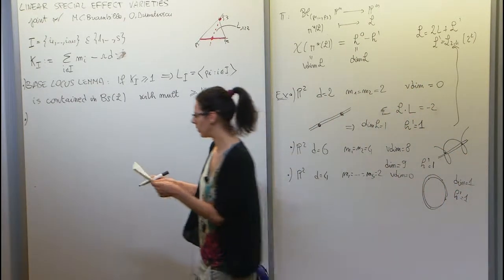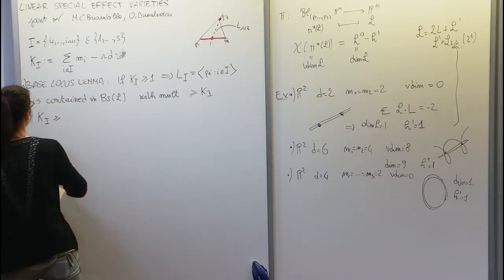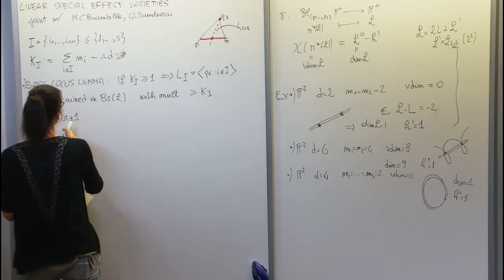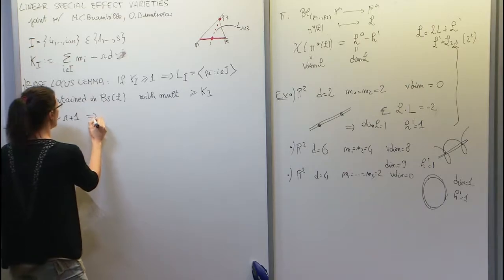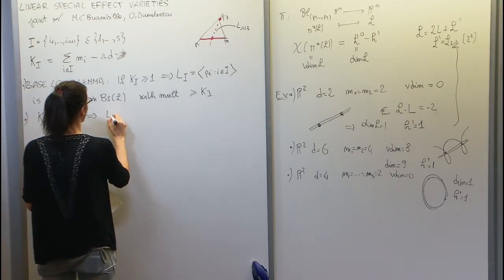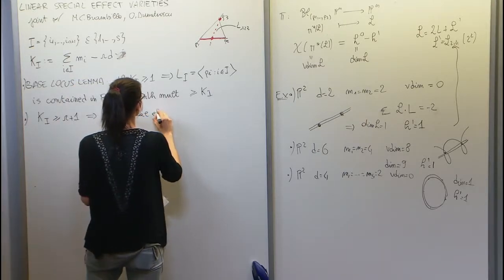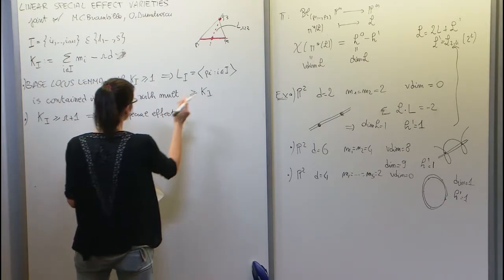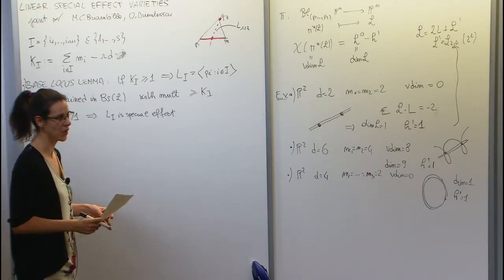So in general, this is the same for higher dimension. So whenever Ki is the dimension of the cycle plus 1, so 2 in the case of a line, 3 in the case of a plane, Li is special effect. So not only is it in the base locus, but it also produces H1, speciality.